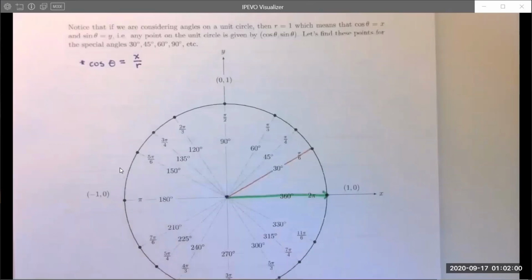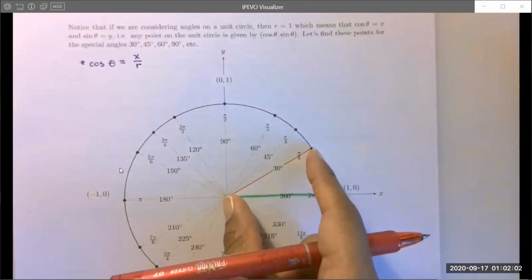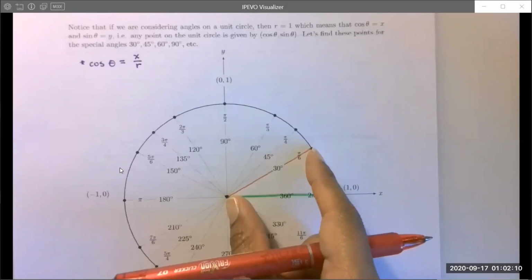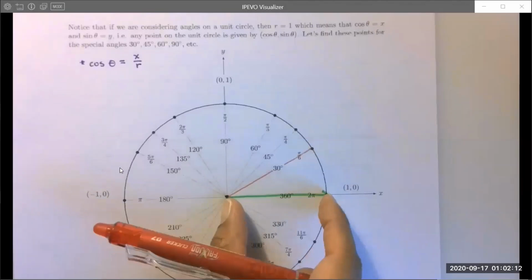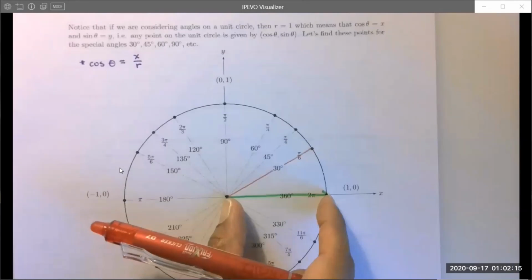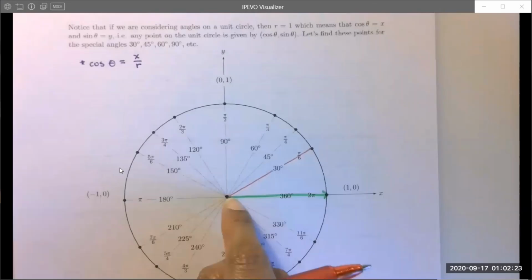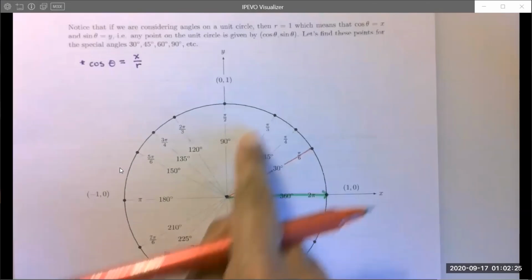What is this distance, if this is a unit circle? What did we say was the distance here? 1. Is it 1? Yeah, good, it's 1. So if the distance here is 1, and this is a circle, well, from the origin to any part of the edge of the circle, it's going to be 1.